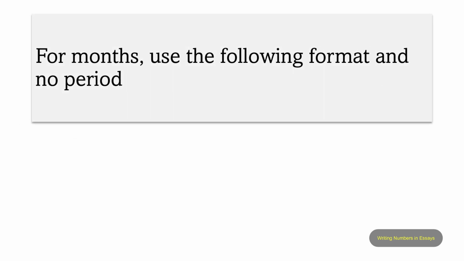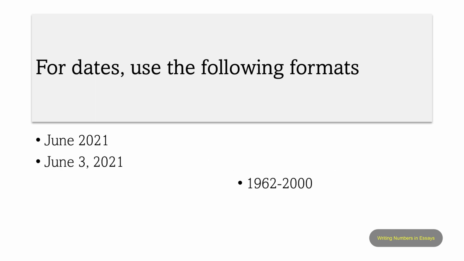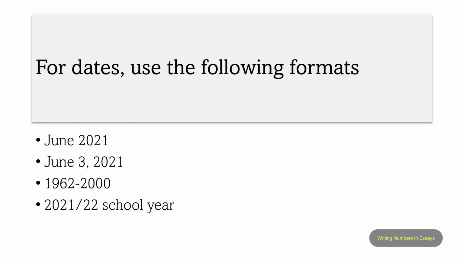For months, use the following formats and no period. For dates, use the following formats: June 2021, June 3rd, 2021, 1962 to 2000, 2021-22 school year.